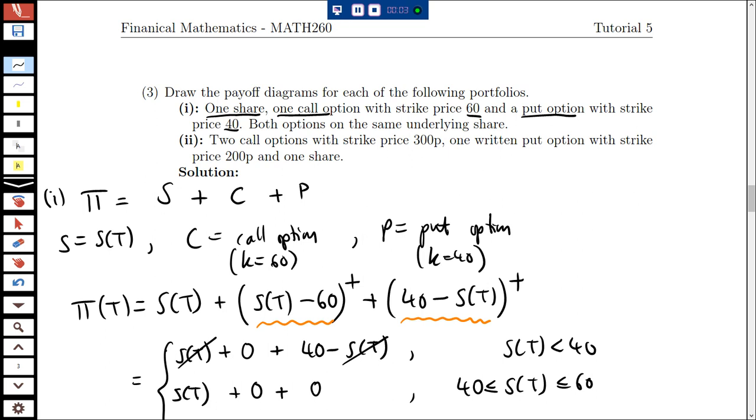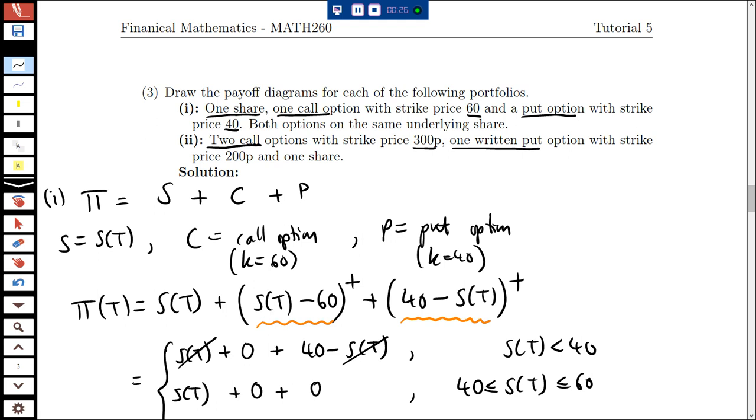Okay, let's take a look at the second part of this question of drawing the payoff diagrams for the various portfolios. We're up to II. So what do we have? We have two call options with a strike of £3, one written put option.